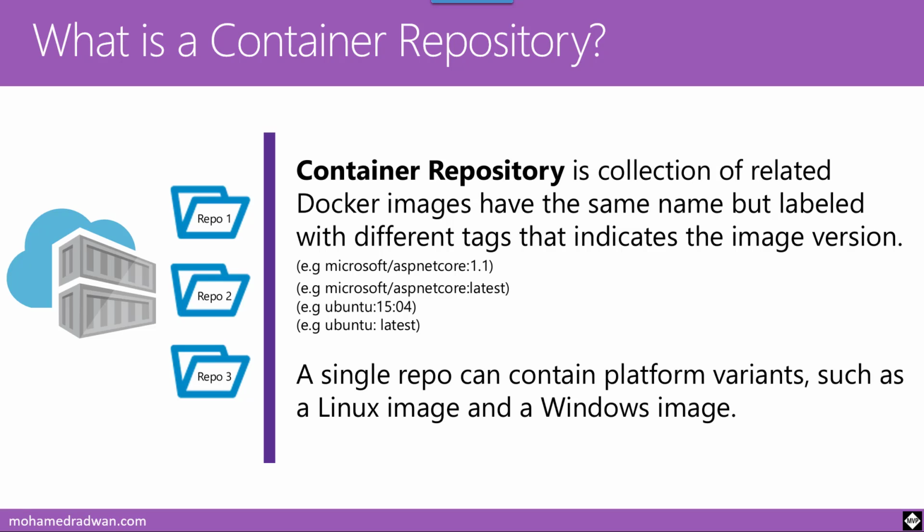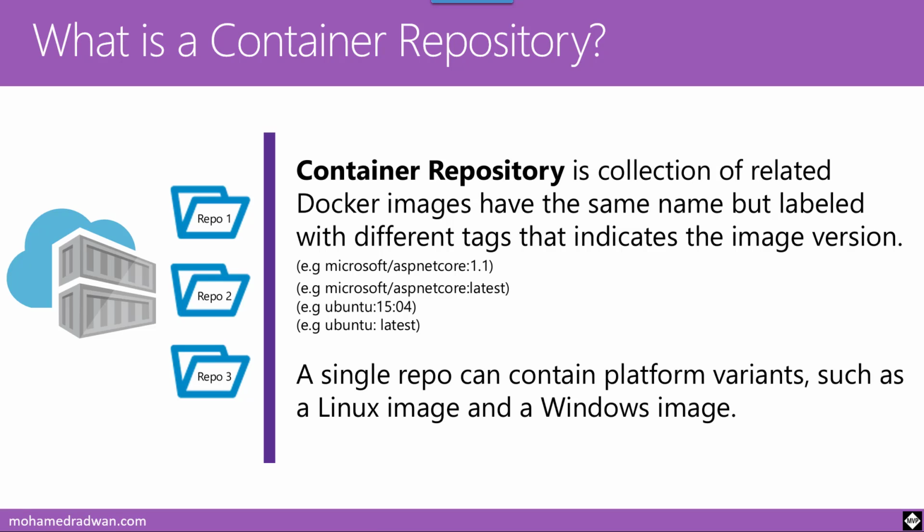Think of it as a directory or folder that holds several images of your application, with different versions, because each image has a different version of my application. It is the same image directory, but different images. A single repo can contain platform variants, such as a Linux image and a Windows image. So inside one repo, I can have several images as well.